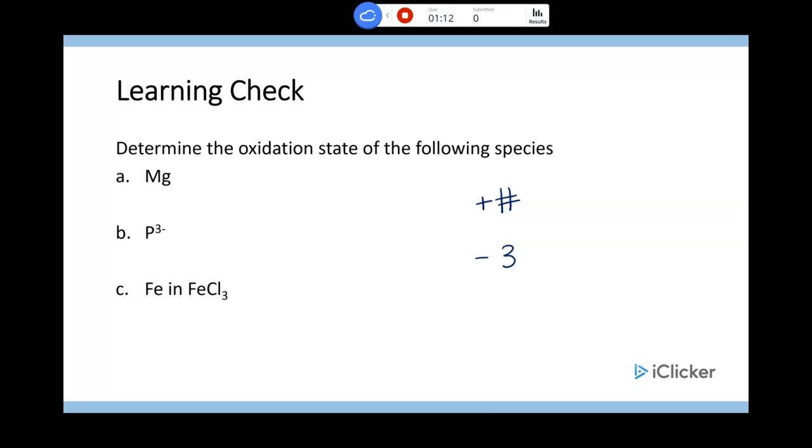Just do the oxidation state, so you don't put stuff with the number. If it's positive, do positive. Don't retype the element, just put in the value.